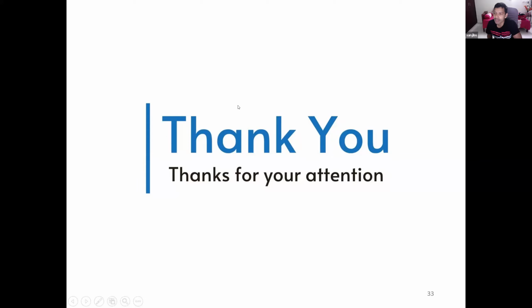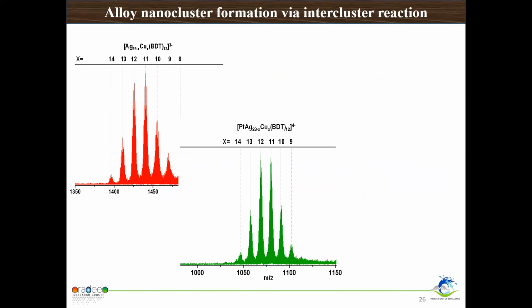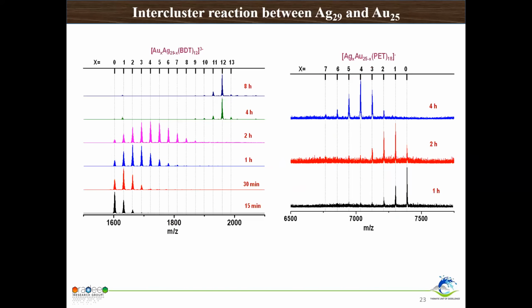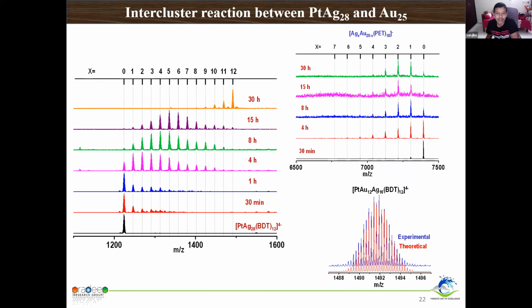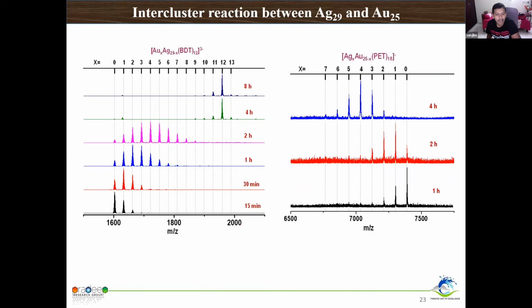One more thing I missed, how did you propose the mechanism? You showed some NMR data where you had time evolution of the changes, right? Sir, in this reaction, yes, this one, here we have reacted Ag29 and Au25. Silver 29 has a silver 13 icosahedral core.